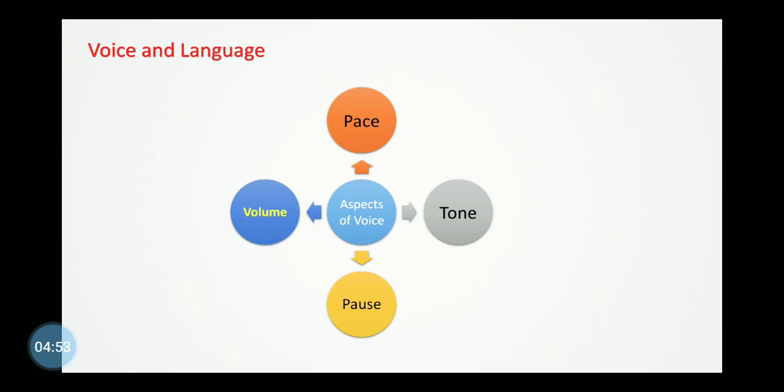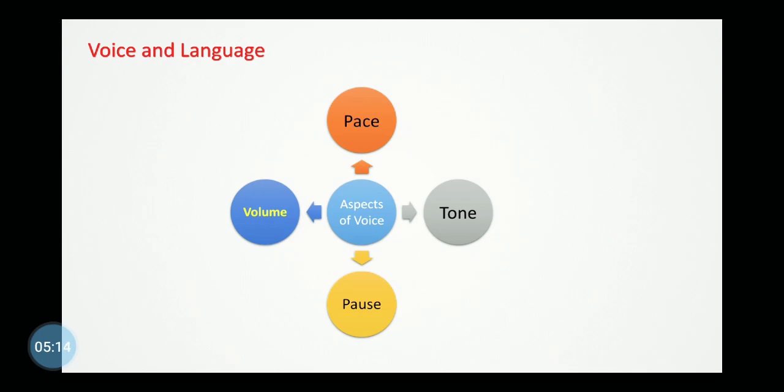Pace. Pace is a very important aspect of our voice. We should not speak so fast or so slow, we should maintain proper pace, that is speed of our words per minute. Tone, there are rising tone, falling tone.